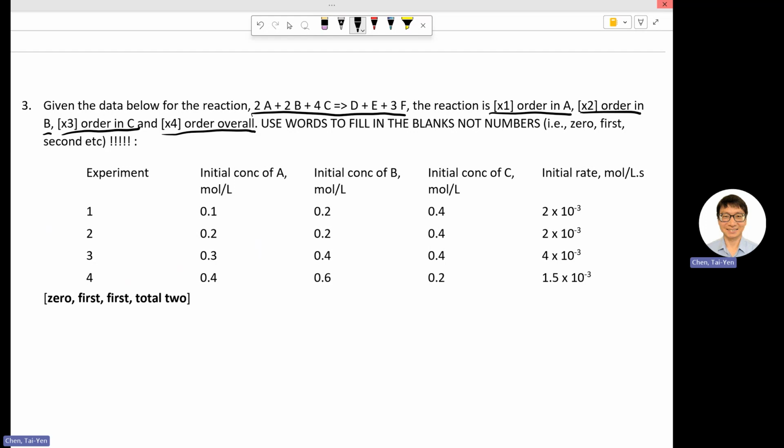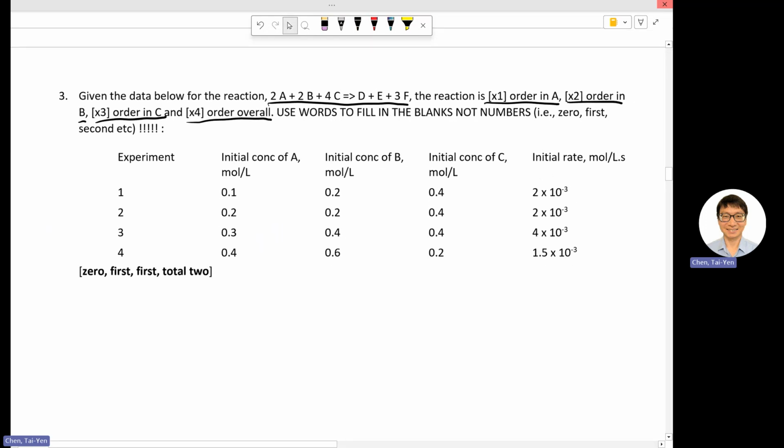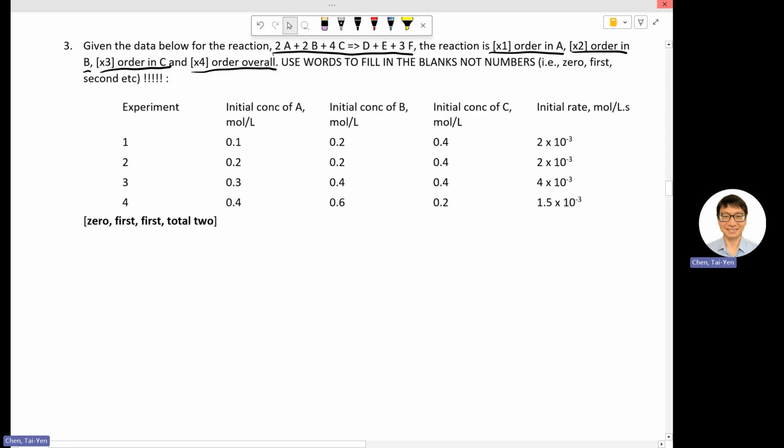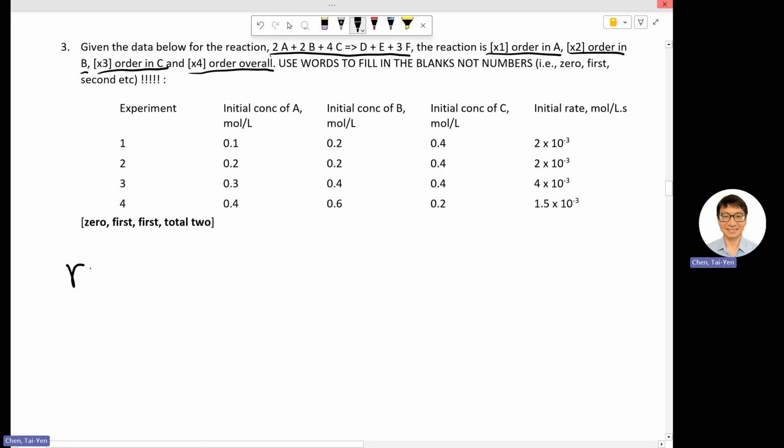So how do you start with this? I say the keyword is the table, right? Once you see the table, you know it's going to ask you to write out the differential rate law. What is the key element of your differential rate law? It must have the form: the rate equals your rate constant k multiplied by your reactants, each to a certain power.